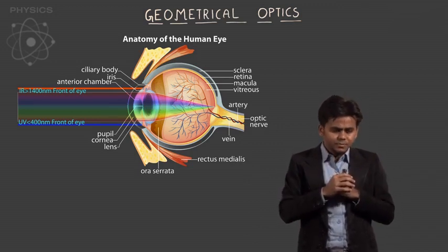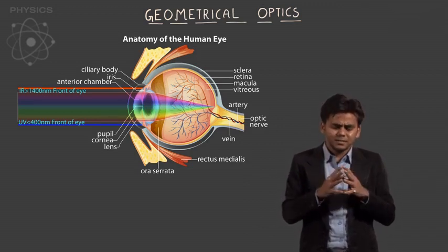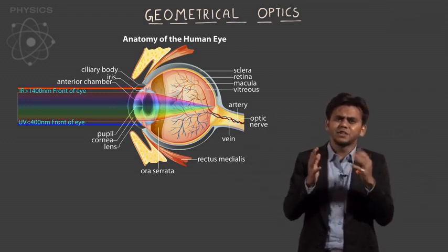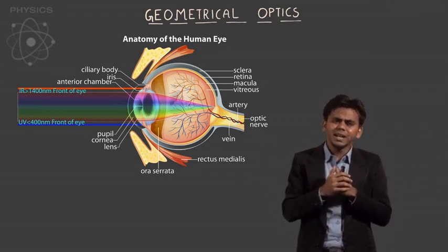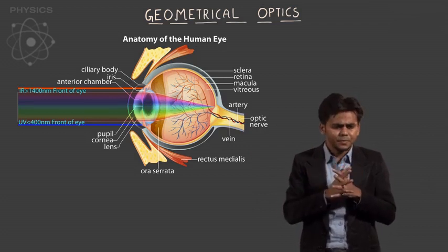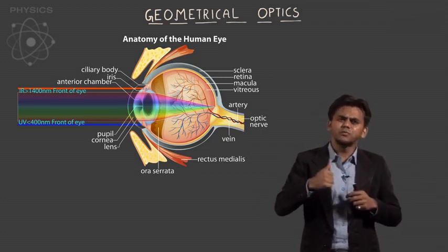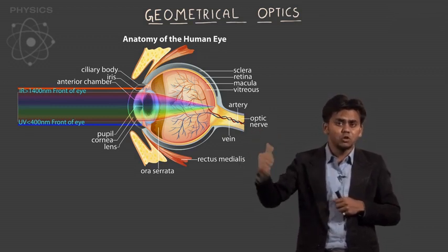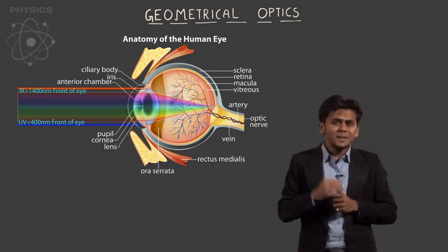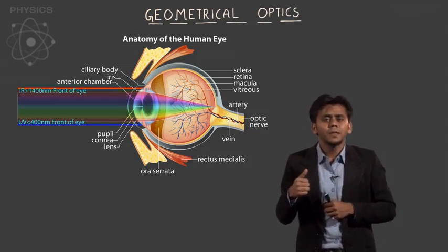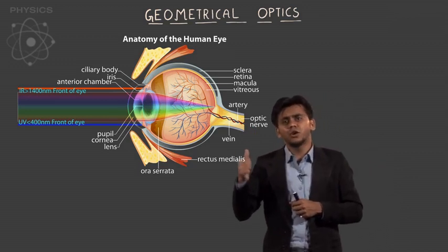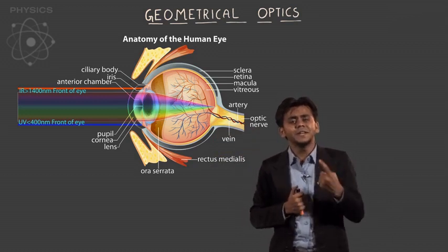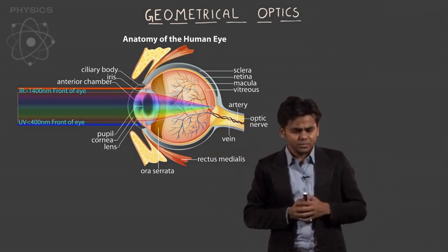Now, I have already discussed that this eye can be thought of as a single converging lens with the retina as a screen. I can change the focal length of the eye now. That's our advantage. How? By changing the curvature of my lens, by the ciliary muscles.